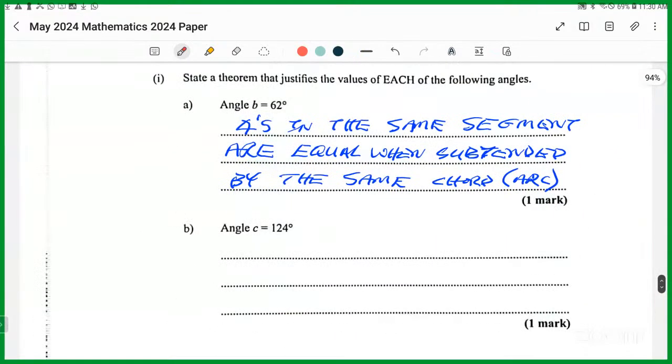Center rule. So if you want to write it, angle at center is twice angle at circumference. Simple as that.